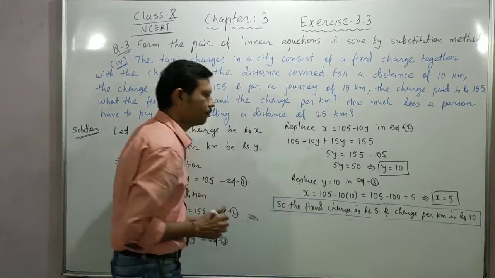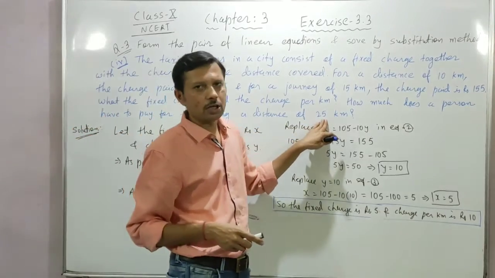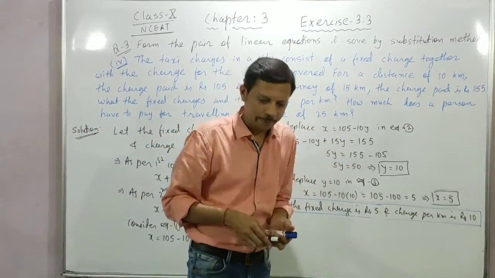Okay. Now second point. The second point is what? If someone travels the 25 kilometers, so what he or she has to pay?